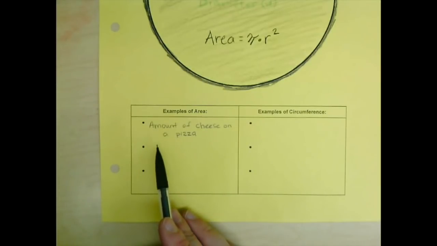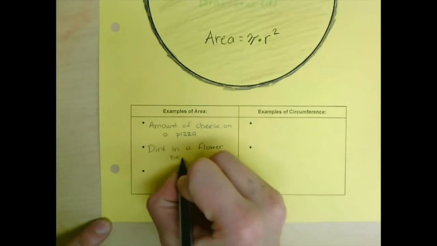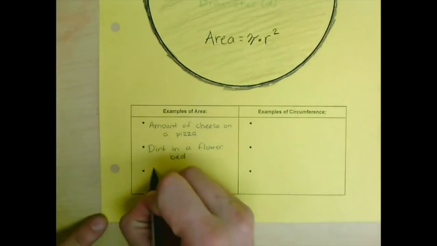Another example would be figuring out how much dirt you need to put in a flower bed. And our final example is the amount of grass that would be watered by a sprinkler.